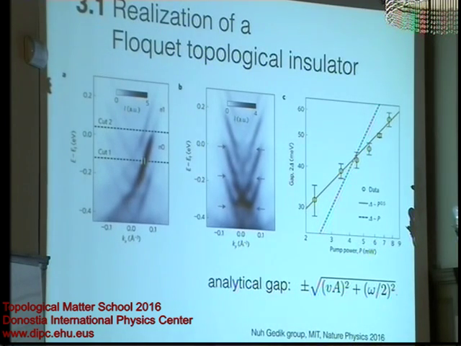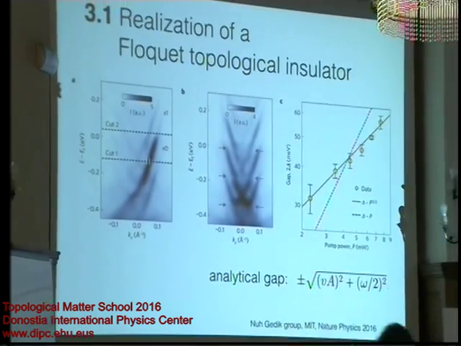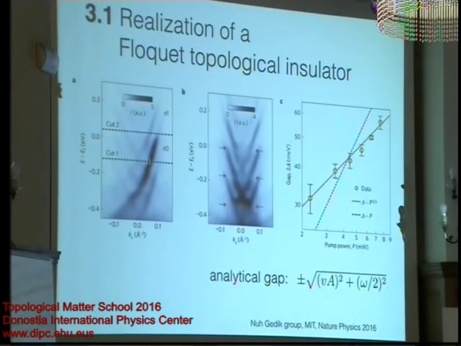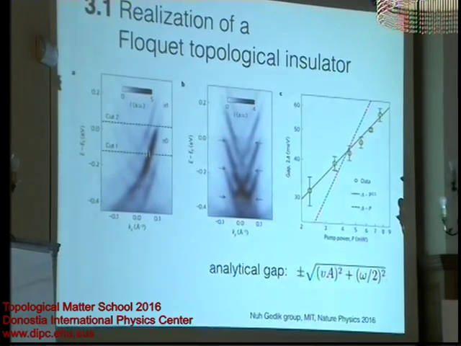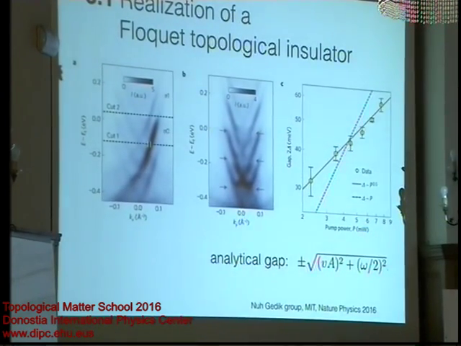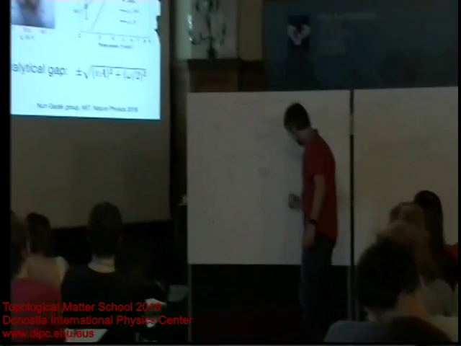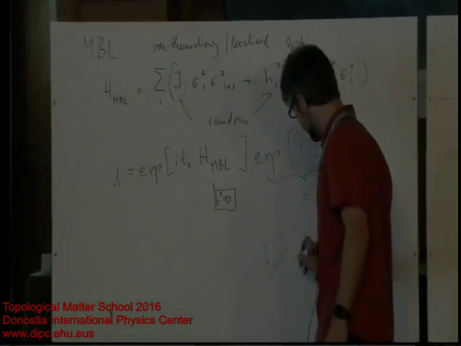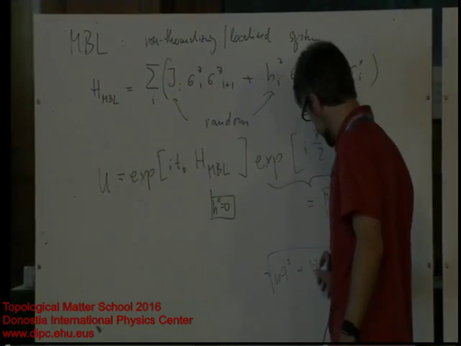So what's the pump power? The pump power, well, I mean, this is the intensity of the light that you shine on. And this is now in a limit where the driving A is strong. So if you remember, we had the square root of A squared plus omega squared.